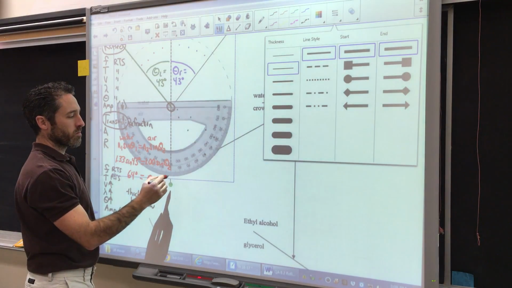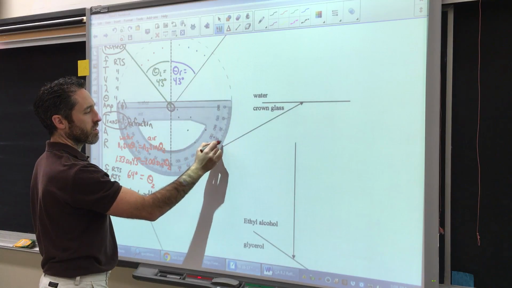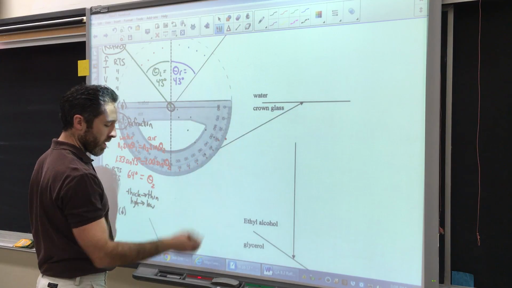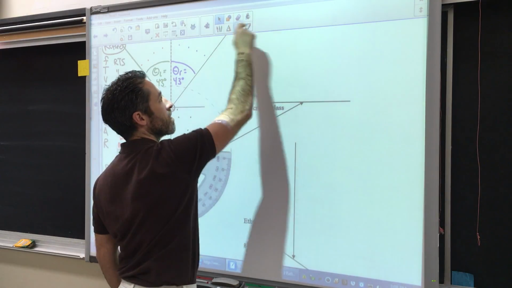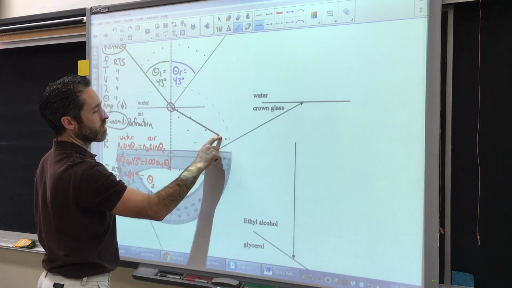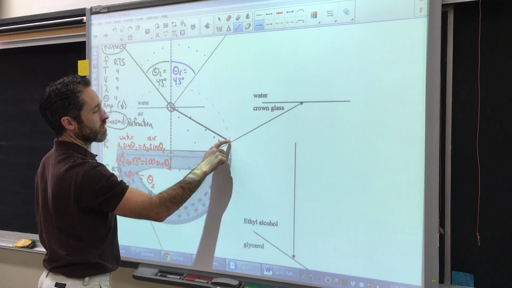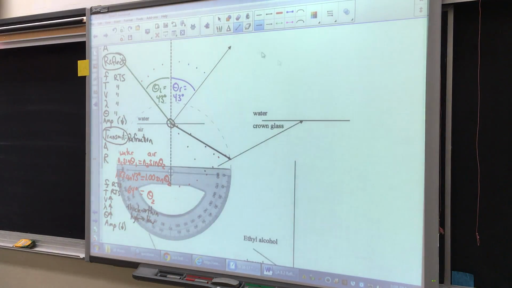Don't go to 64 on the protractor. Count 10, 20, 30, 40, 50, 60. 1, 2, 3, 4. There's the dot. I don't have to turn my protractor, but you do. Put your refracted or your transmitted ray in the direction of that 64 degrees.